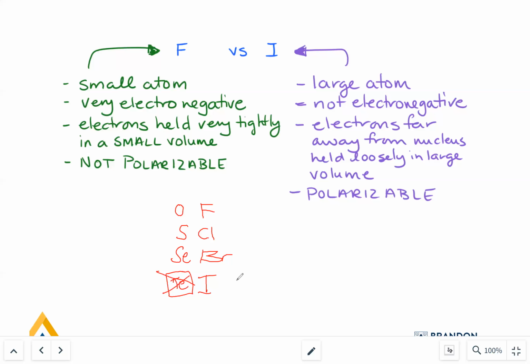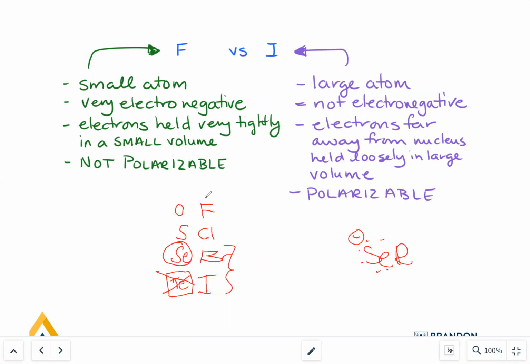So really, when it comes to polarizability, selenium would certainly be a polarizable atom, but this is what we might see if you ever did some advanced chemistry, which is well outside this course. Really, the only two things we're worried about is this.